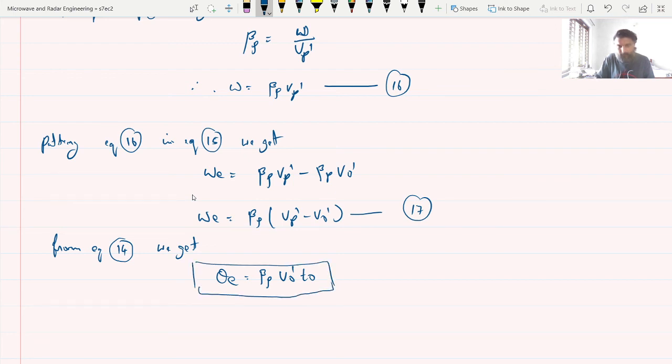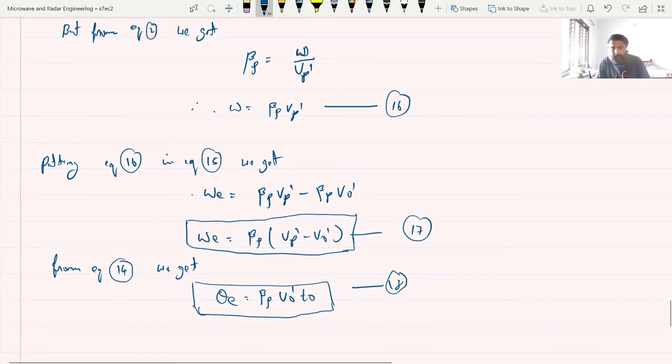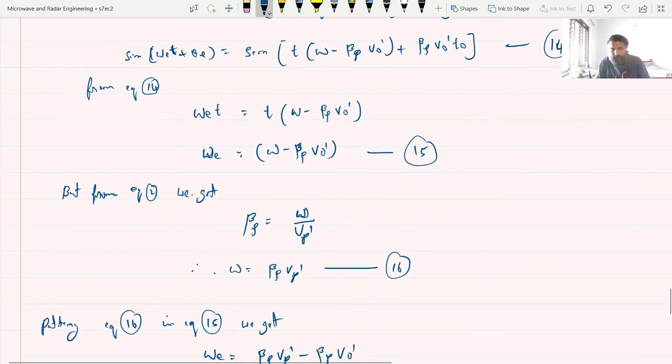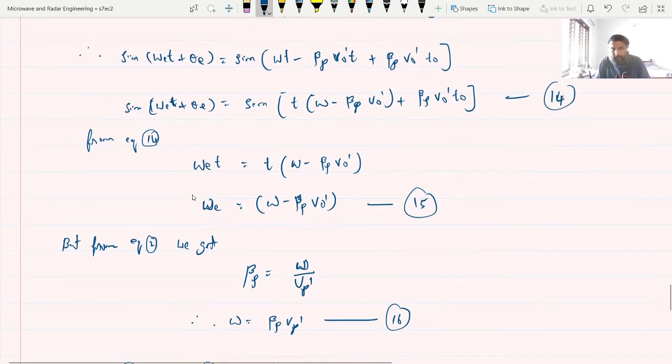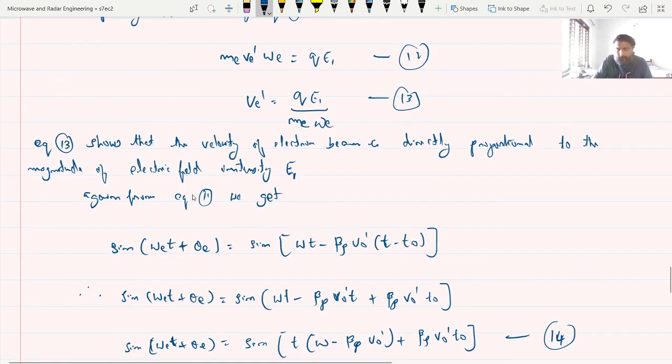So these are the important equations obtained by comparing equation 11: omega_e, equation 17, and equation 18.